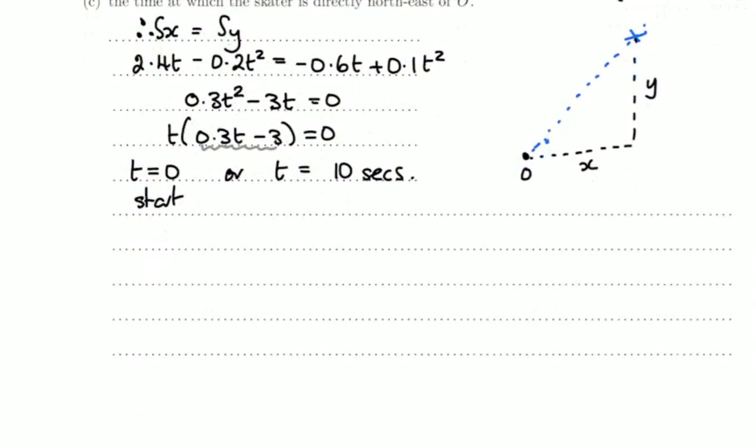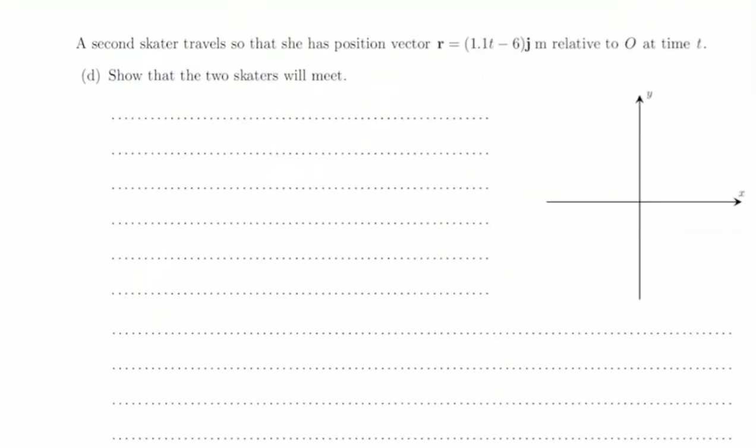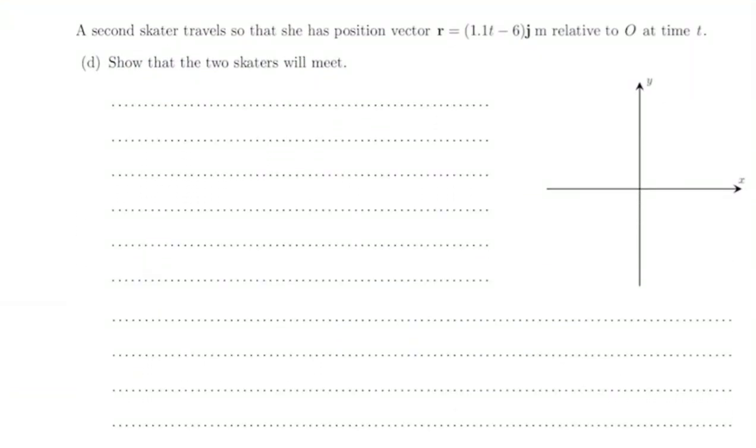Now, it then says a second skater travels to show that she has a position vector r equals (1.1t minus 6) j. You can see that because we've got two skaters, we've used r for the second one. We used s for the first one and r for the second one. Now, if you look at that vector, you'll notice that there is no i component.